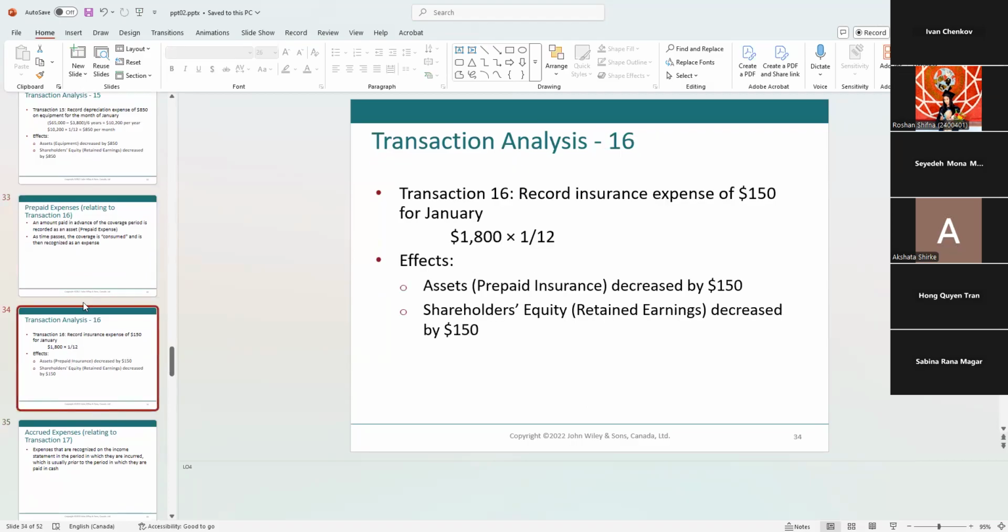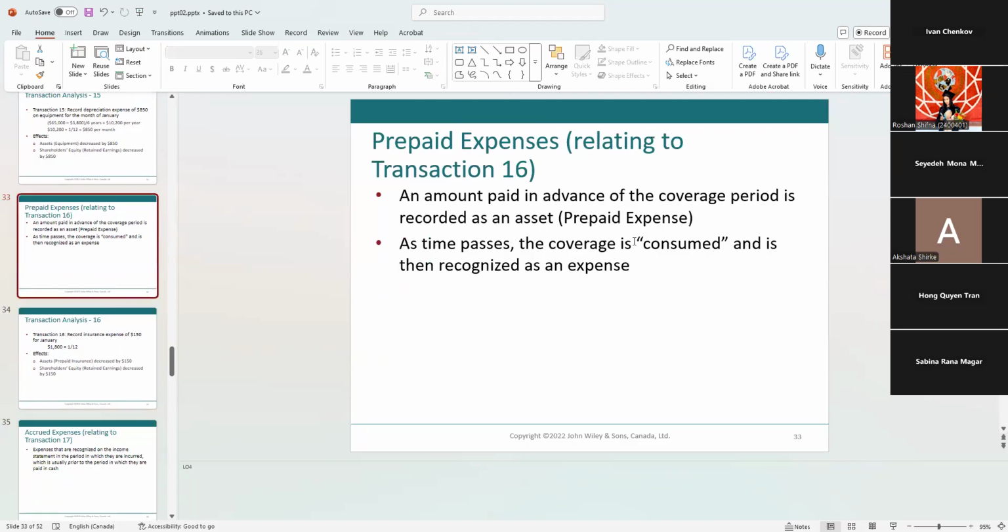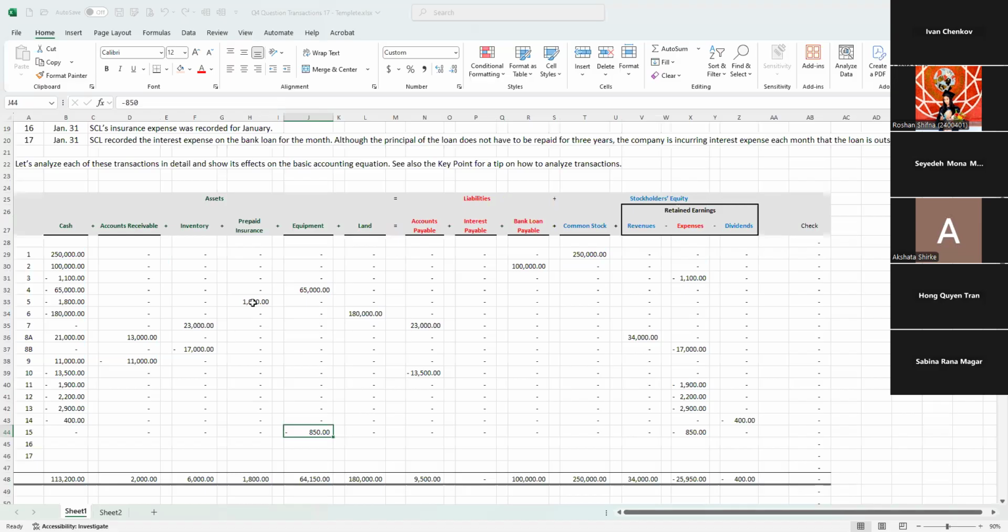So let's go with our insurance. Remember, we purchased the insurance on January 1st. Let's see what's going to happen with that insurance. Now, if you remember, we purchased the insurance on January 1st for $1,800 for 1 year. But January is already gone.